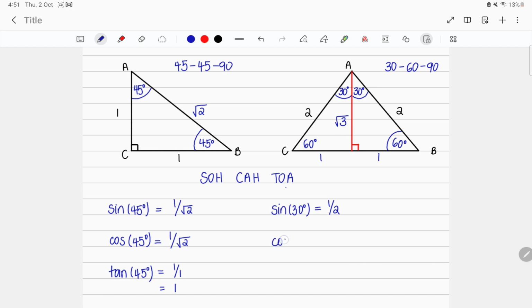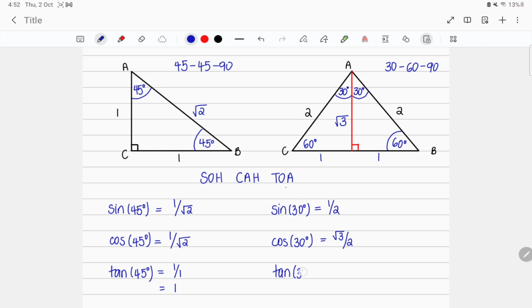Now cosine 30. Again, cosine links the adjacent and the hypotenuse. So the adjacent side to that 30 degree angle measures root 3, and the hypotenuse is 2 units. So it means that cos 30 degrees is equal to the square root of 3 over 2.